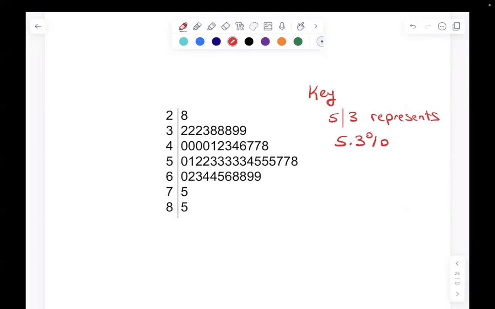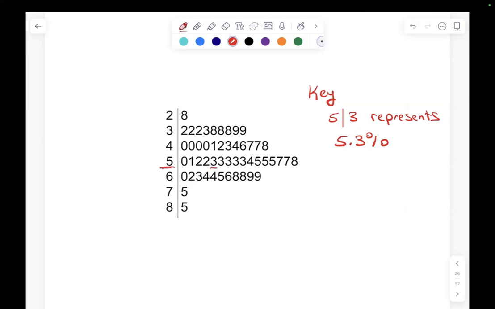You're not going to be asked to create stem and leaf plots in your homework. You will be asked to read them. We're going to be doing mean, median, and mode in a bit, but it might ask you like the mode. So you'd have to figure out which data value we have the most.